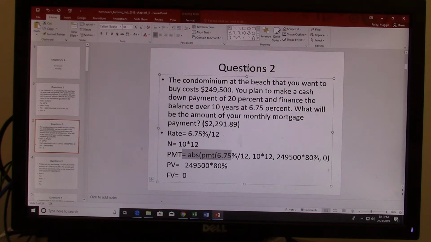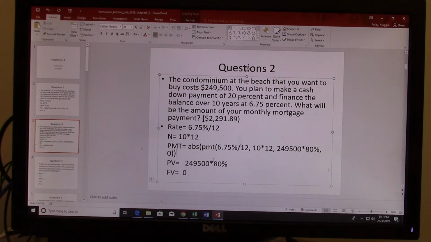We can copy it to Excel and let's see how much we get. It should be $2,291.89. Is that how much you get? Let's see.